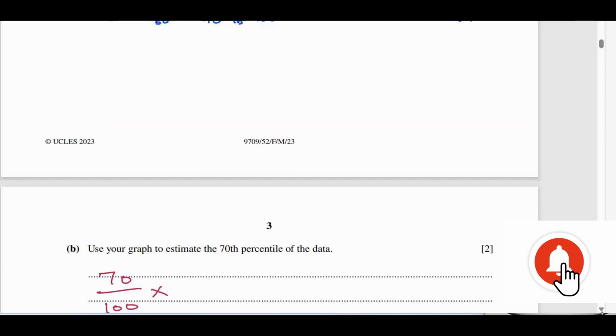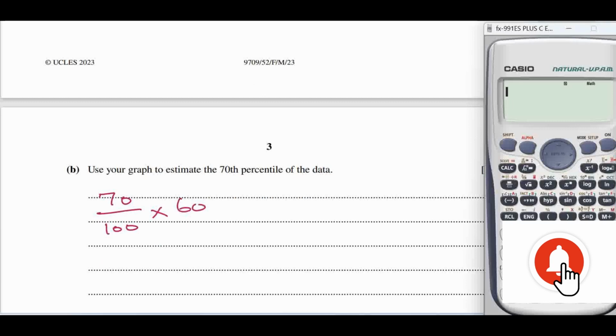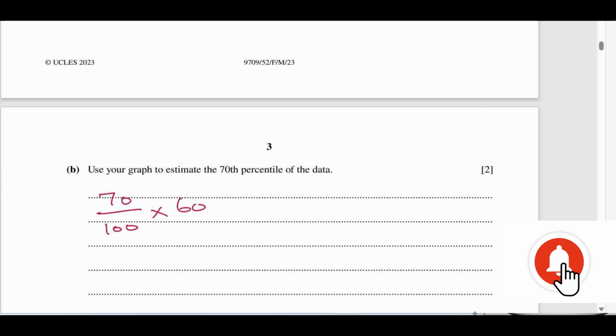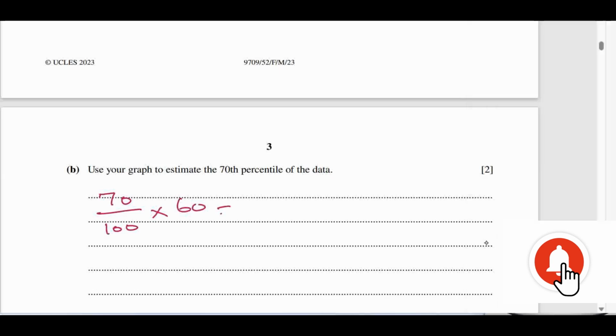So if we multiply it, this will be equal to 70 divided by 100 multiplied by 60. So this will be equal to 42.